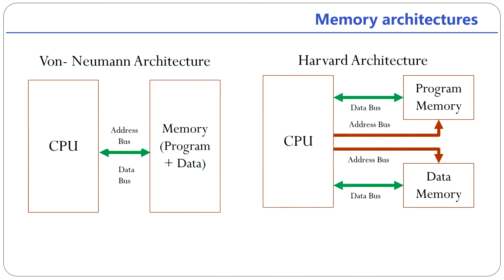Coming to memory architectures, as we know from the previous slide, they are classified into two categories. One is von Neumann architecture, another one is Harvard architecture. The von Neumann architecture is also called Princeton architecture.